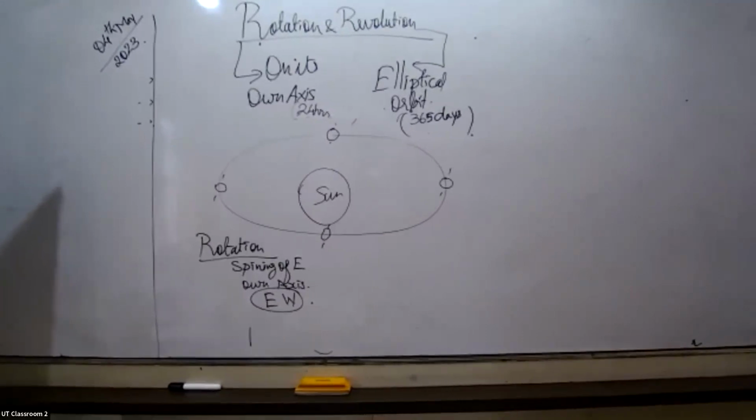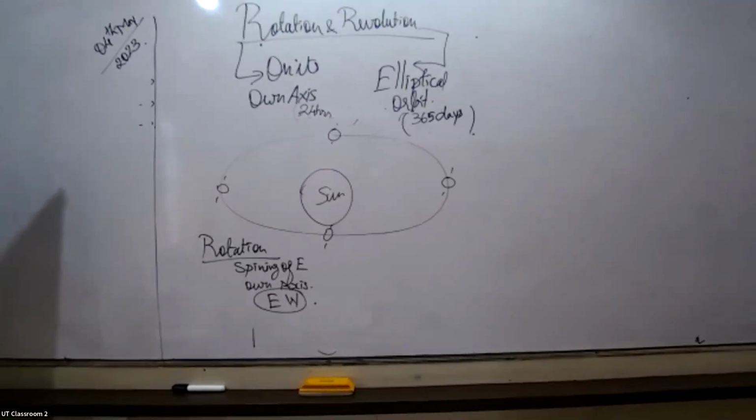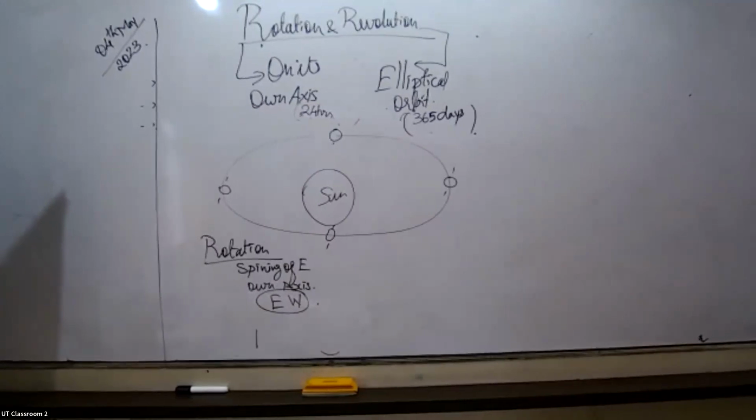The imaginary line. No need to write what is an axis. We are not going into what an axis is.